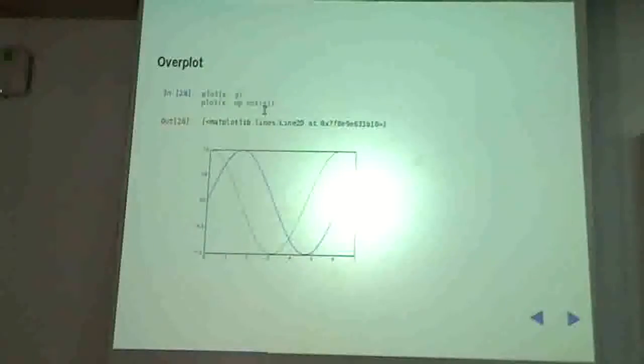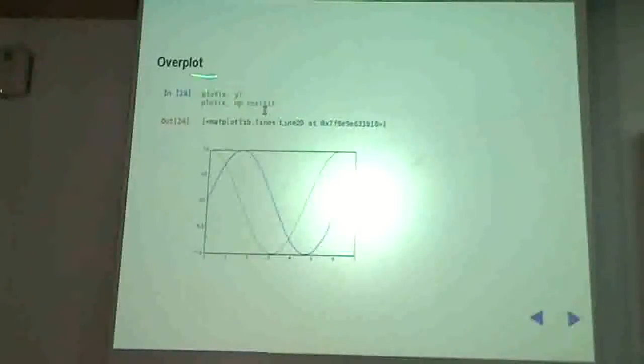It's also possible very easily to overplot one plot on top of another. In the first command we plot our x and y, basically sin x. In the second plot, we plot cos x. By default, the first plot that you make will be blue.